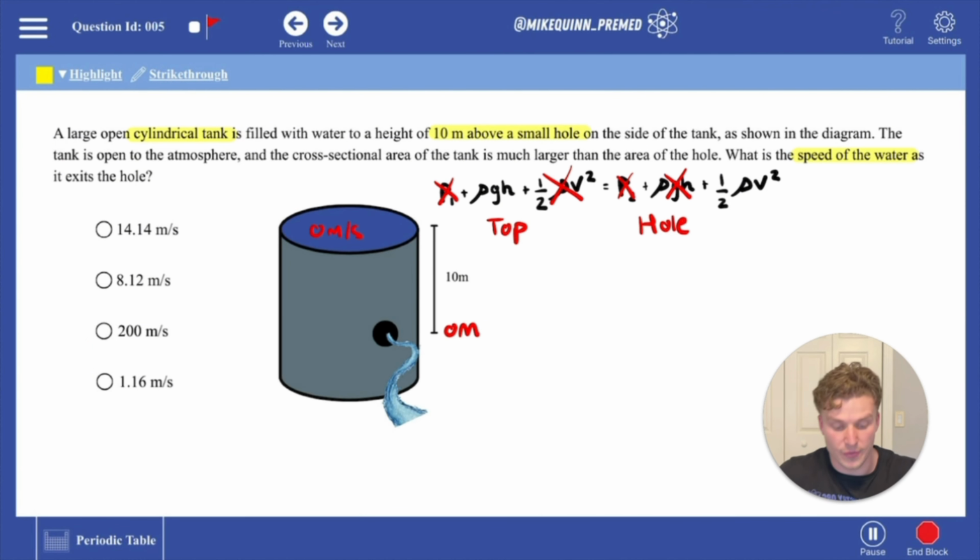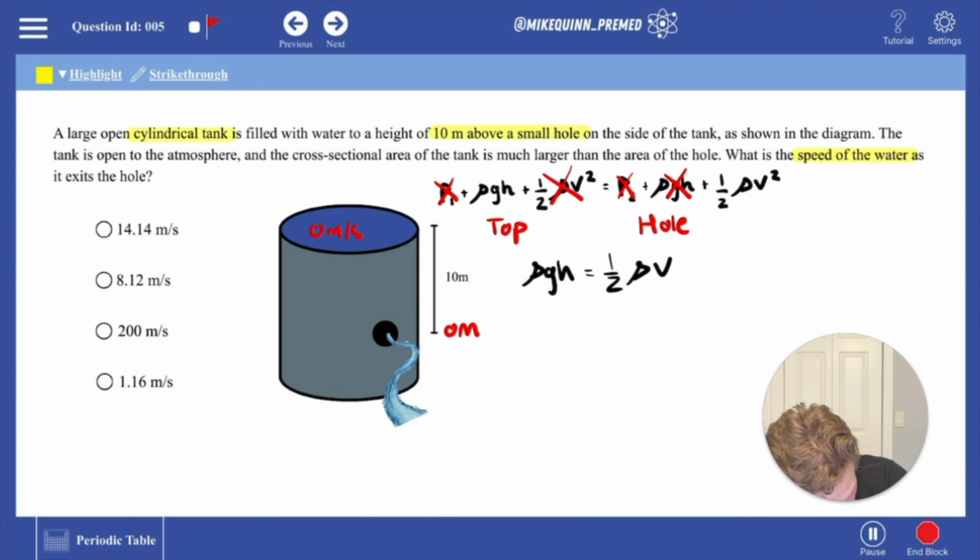Now we're left with only rho g h equals 1/2 rho v squared. We've canceled out the atmospheric pressures, we canceled out the velocity of 0 for the top of the tank, and we also said the height of the hole is 0 meters. When we cancel that out, we're left with this.